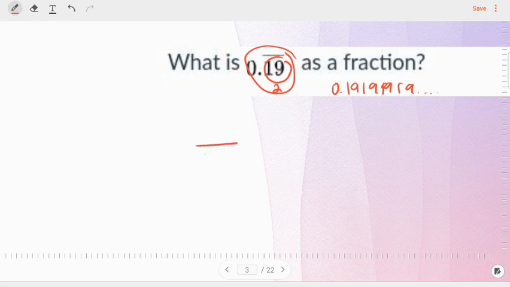Because there are 2 digits, I'm going to write 2 9s, and that's just a rule that you have to remember. Repeating, I put 9s in the denominator. And in the numerator, or the top of the fraction, I'm going to write whatever number is repeating, which is 19. So I have the fraction 19 over 99, and that is my answer, because 19 cannot be simplified.